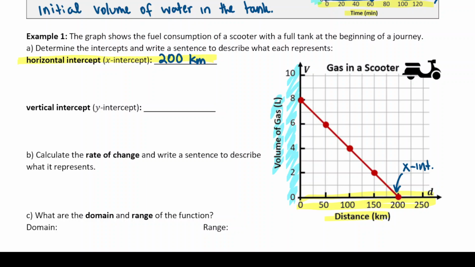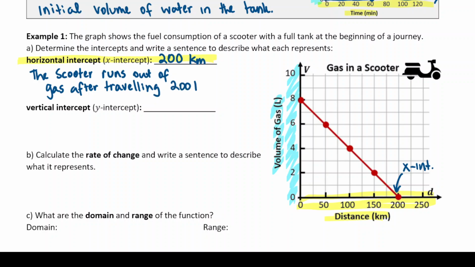You can see there's no gas in the scooter at that point. So the scooter runs out of gas after traveling 200 kilometers. You don't have to say it exactly like that, but something like that.